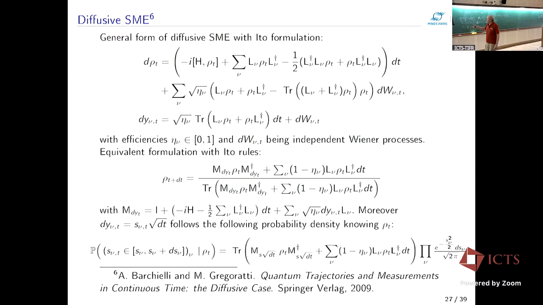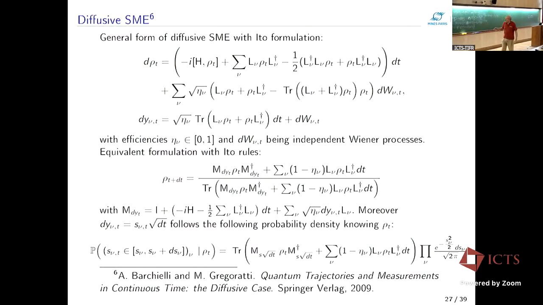And this measurement operator M, this Kraus operator, is this: here it is identity, you have this operator times dt, and here you have L nu times this term. Then I divide by the trace. I will show you, not in general but on a specific case, that writing this or this is exactly the same thing when you use Ito computation. But this formulation seems to me much more appealing than this one.